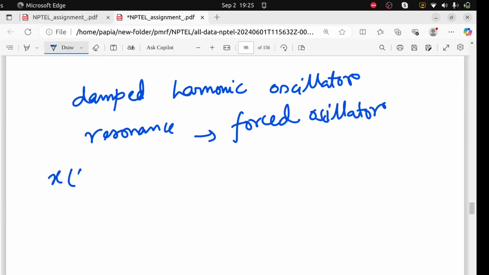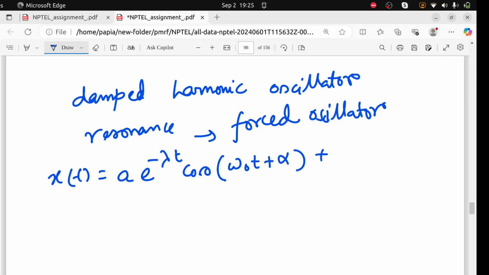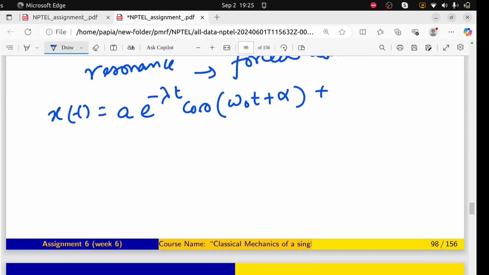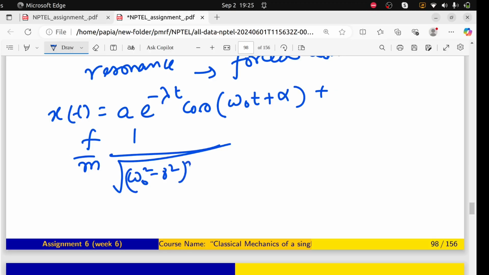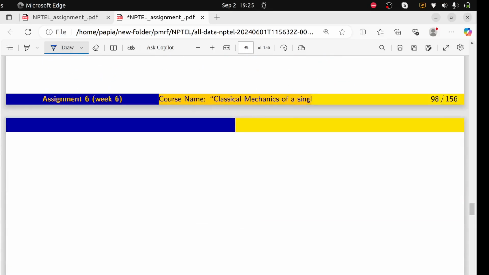So our x(t) was, you can see here, these terms will be like F by M. So at resonance, what was happening?